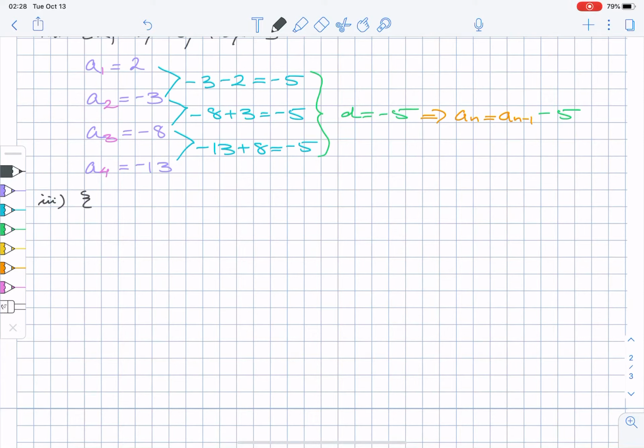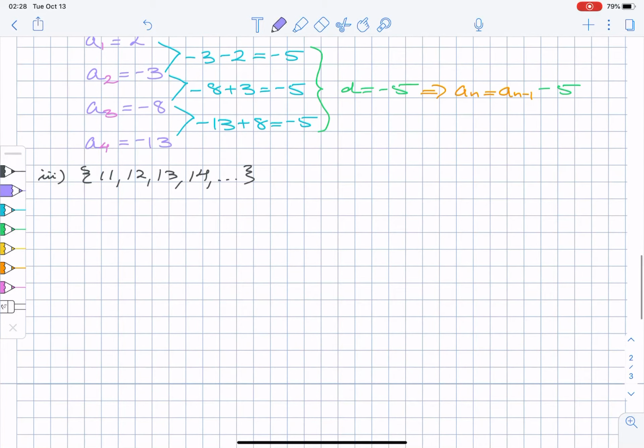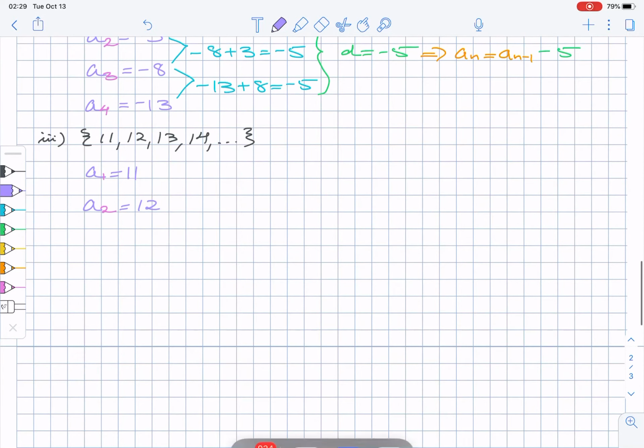Let's say we have the sequence 11, 12, 13, 14. Well, should be simple enough. So A sub 1 is 11. A sub 2 is 12. A sub 3 is 13. A sub 4 is 14.